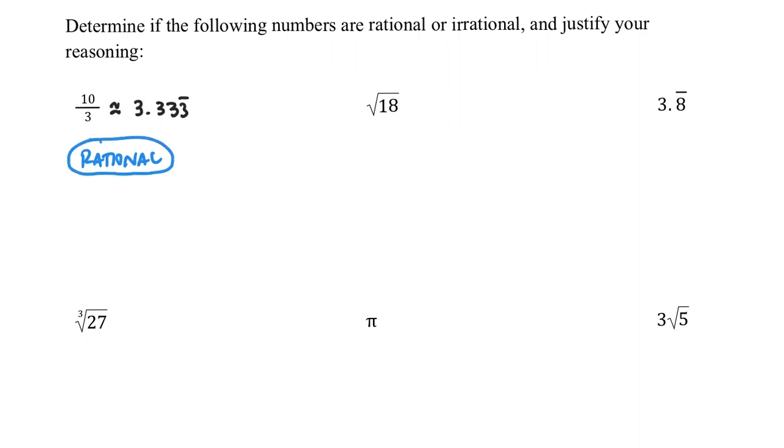If you put the square root of 18 in your calculator, you get 4.2426 dot dot dot. It doesn't end, it doesn't repeat, and so therefore that would be an irrational number.